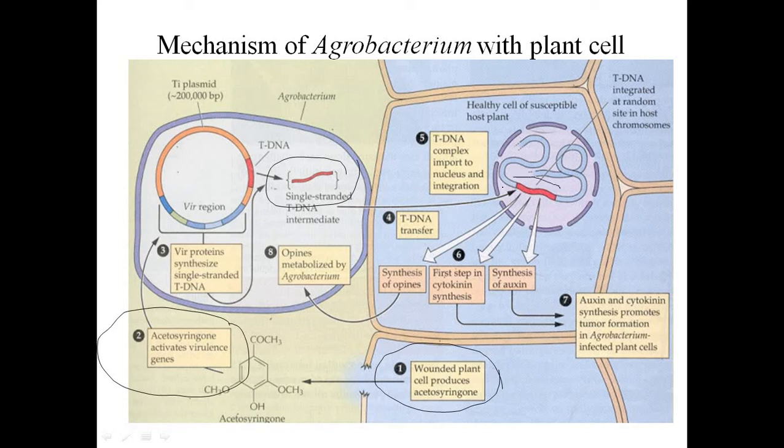So this tDNA has the opine synthesizing region, then the auxin synthesizing region, then the cytokinin synthesizing region. So with the help of this tDNA, plants are going to synthesize these phytohormones. The plant already has sites for the synthesis of phytohormones.